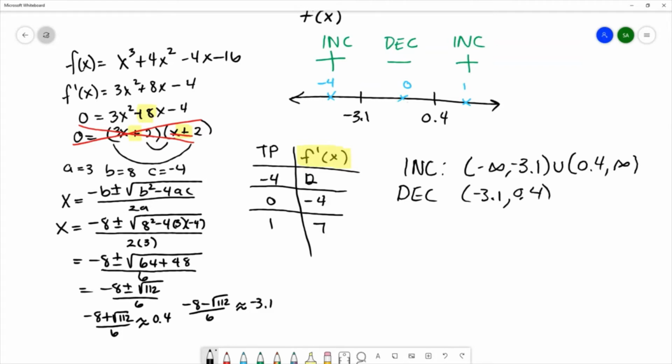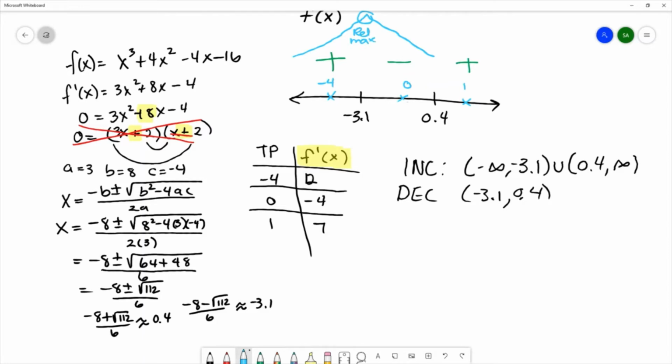But not only that, from building this chart, I can tell where the extrema are for this function. Extrema would be a relative max or relative min. So I'm going to erase this bit about increasing and decreasing, and now think about this in terms of the relative min and max. When a function goes from increasing to then decreasing, that creates a peak, which is a relative max.